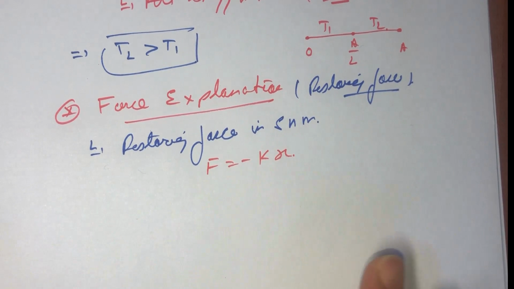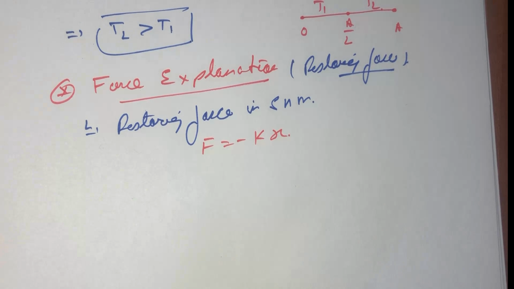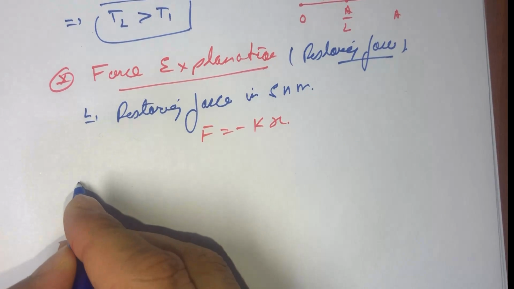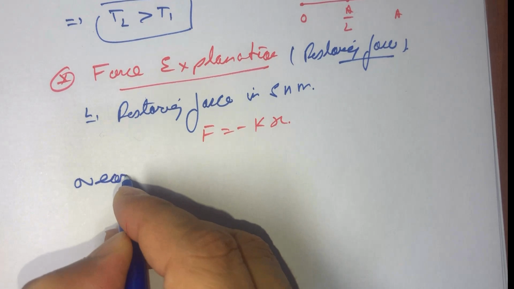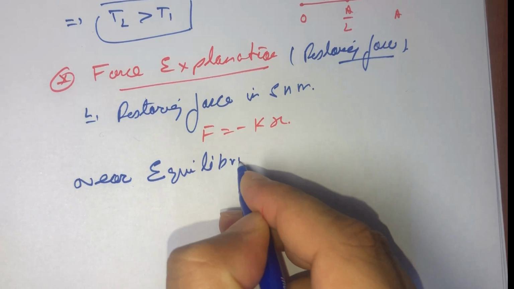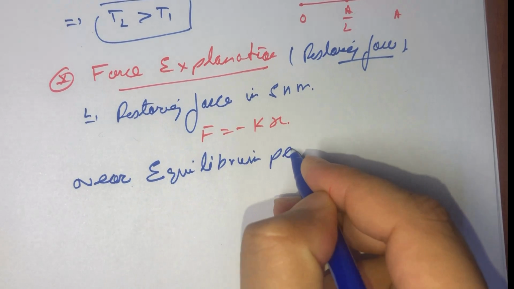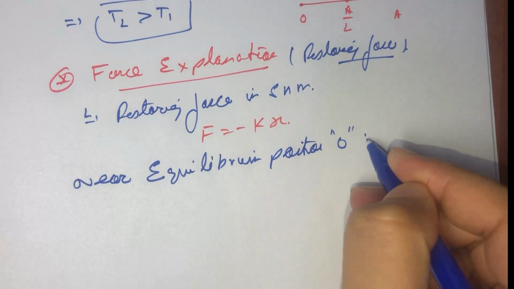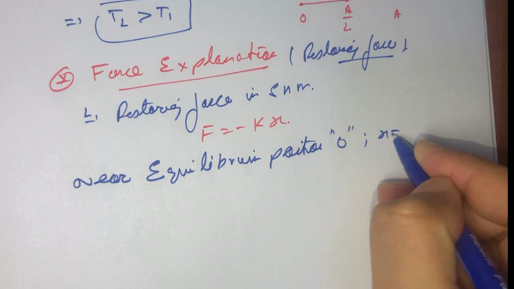And we know that near the equilibrium position O, our x is equal to 0.